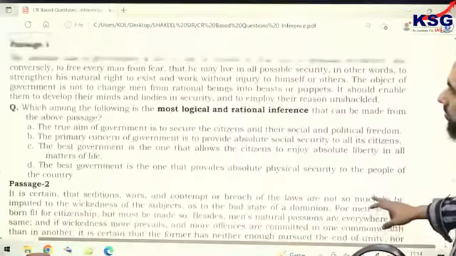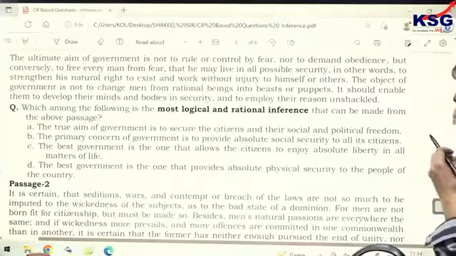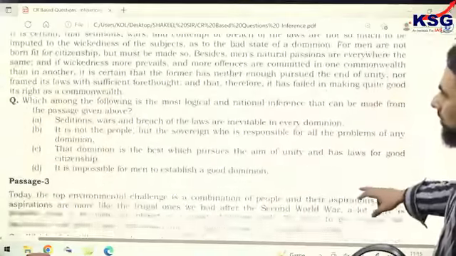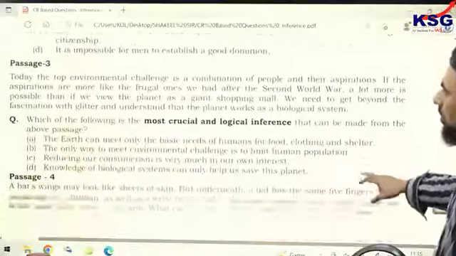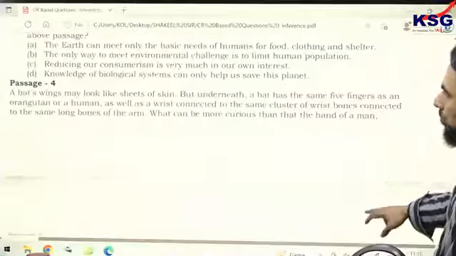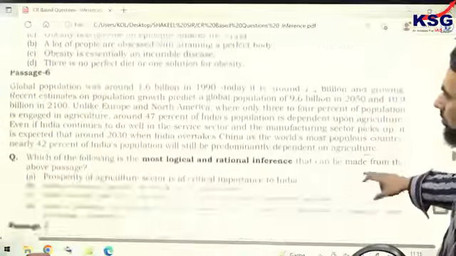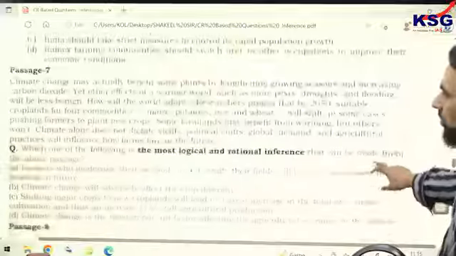Already solved passage number 1. Passage 2 we have done. 3, 4, 5 and 6. 7 was done.